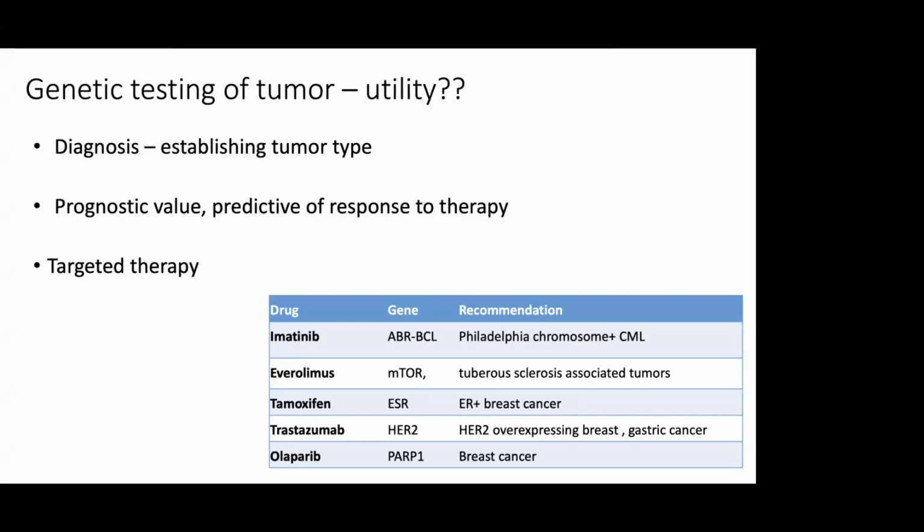So genetic testing may help to better classify the tumor type, and it may help to prognosticate better and predict responses to various therapy regimens. And of course, the most important impact is on targeted therapy, where molecules are available which target the particular mutation and hence have significant results in these tumors.